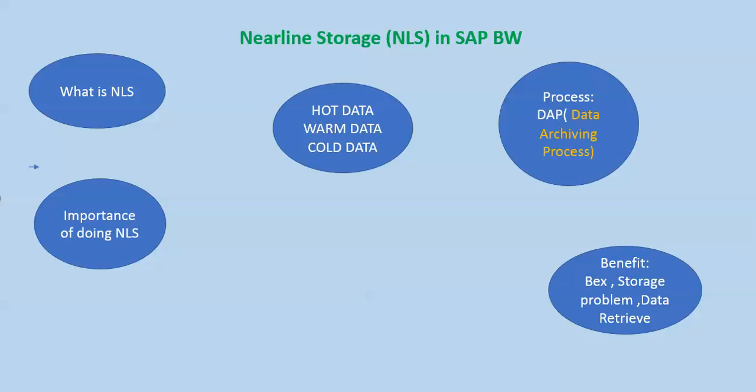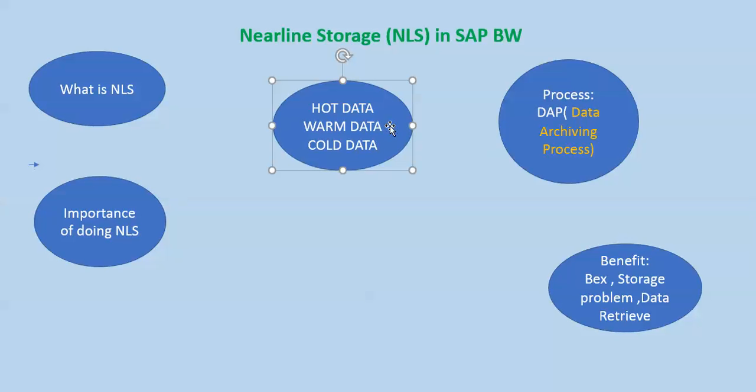Now I'm coming to one of the important parts, the architecture, and how we can define which data is older and which is not very old. There are terms called hot data, warm data and cold data, and this is completely dependent on the business.